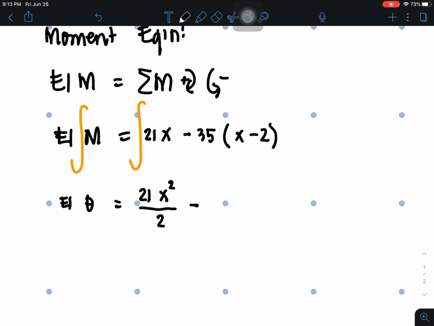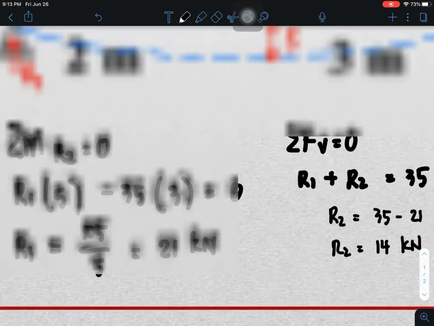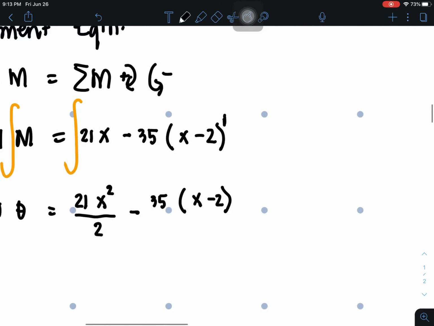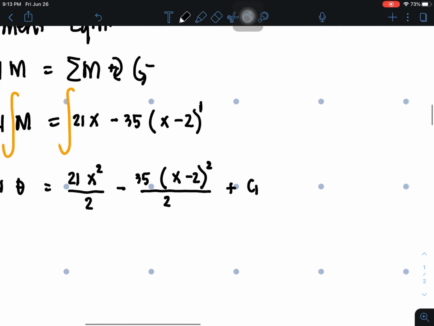So it remains x minus 2 because we integrate the whole term, from x equal to 0 to x equal to 5, because the length of our beam is 5 meters. So it is the whole function. That's 35, then x minus 2, then the exponent 1 plus 1 is 2, divided by 2, and then plus C1, the first arbitrary constant.